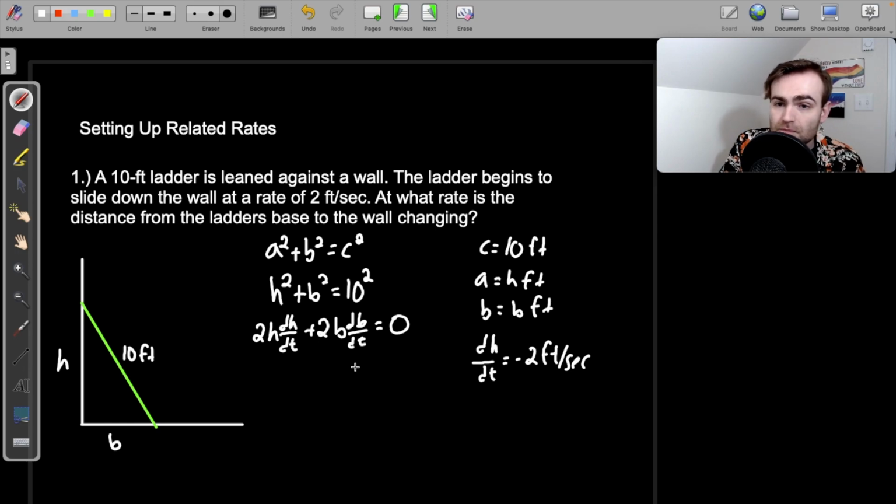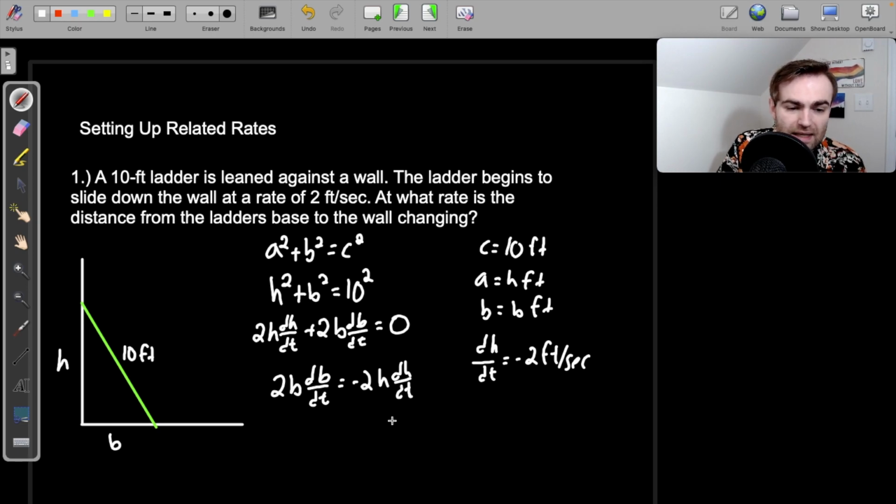So we can solve for db/dt, because that is what it's wanting us to solve for. So we can move this over by subtracting it. So we have 2b db/dt is equal to negative 2h dh/dt.